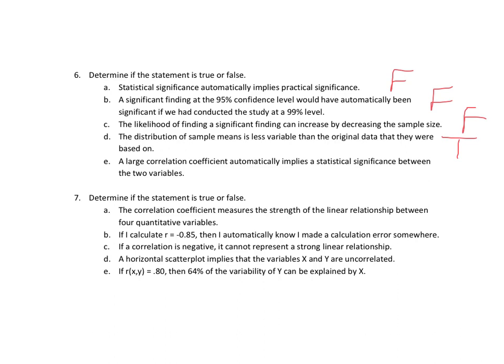So as long as I'm taking a fraction of a value, in this case 1 over the square root of n, times sigma, that variable is less than 1, which means that it's less variable than sigma itself. So yes, in fact, the distribution of the sample means is less variable than the regular data, because sigma over root n is less than sigma.